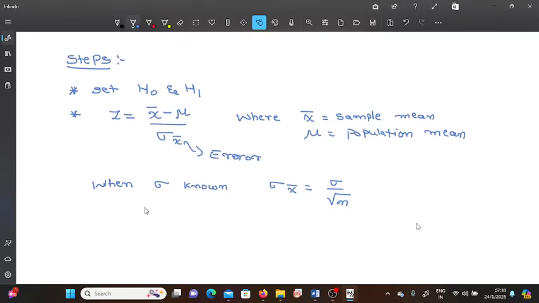In case the population standard deviation is unknown, consider sigma x bar equal to the sample standard deviation by square root of the given sample size.